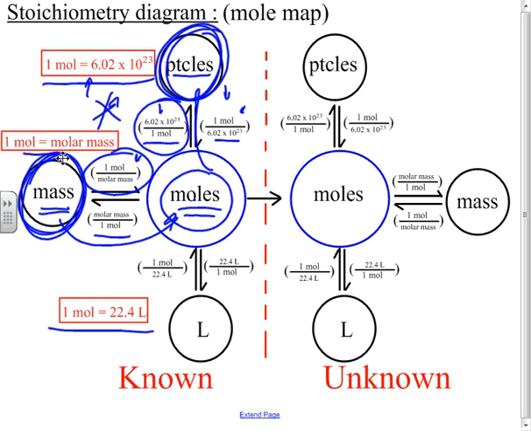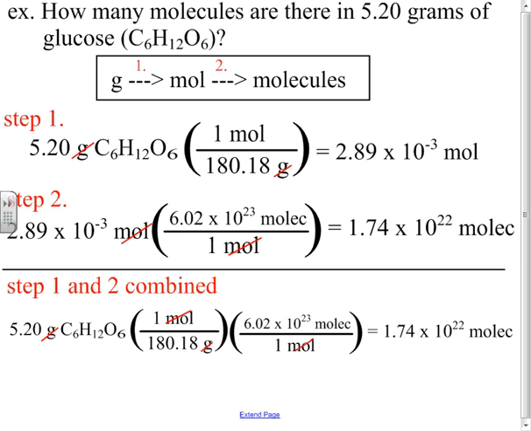And so we can set this problem up one of two ways. We can do it stepwise. So again, I want to go from grams to molecules. I have to go through moles, so I have to convert grams to moles first, and then moles to molecules.